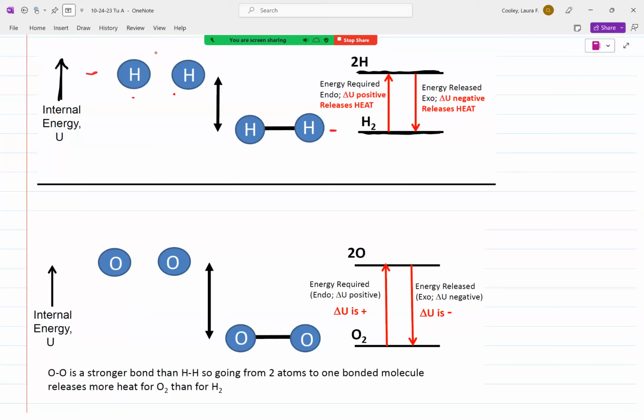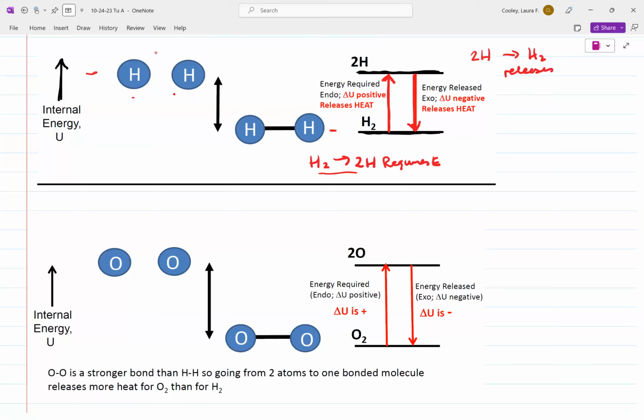If we're talking about the 2H goes to H2 reaction, then that corresponds to this arrow. But if we're talking about H2 goes to 2H, then we're talking about this arrow. So this reaction requires energy, and this one releases energy.